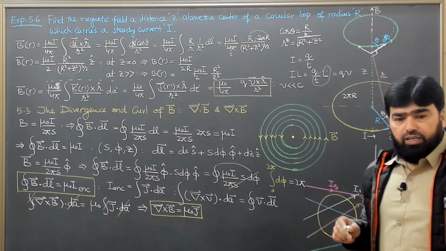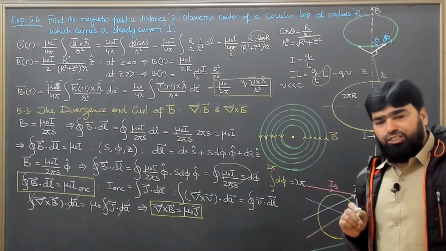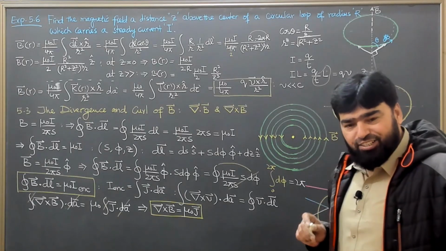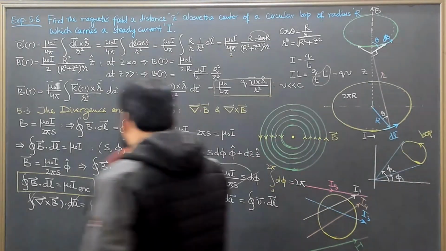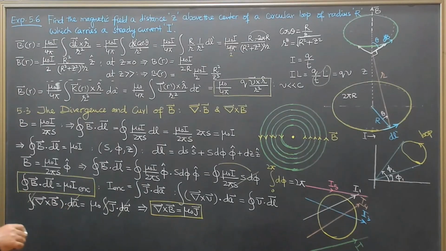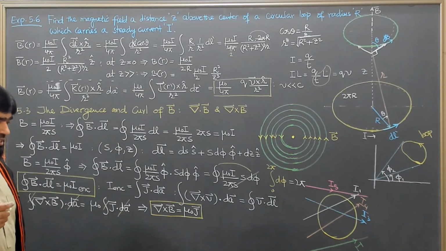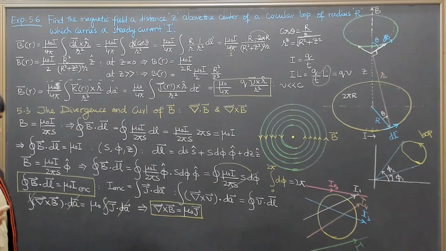And now if I look at the analogy of this with the electric field situation, what we did earlier was Gauss's law. I said that the analogous thing in magnetostatics is Ampere's law. So now look at Gauss's law.